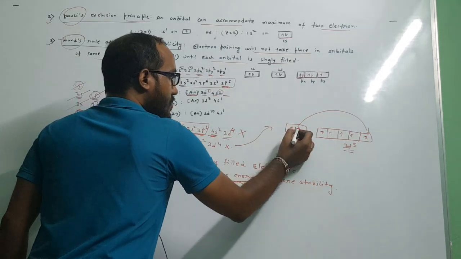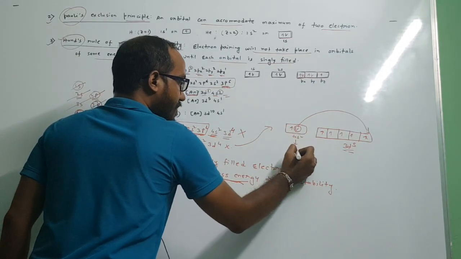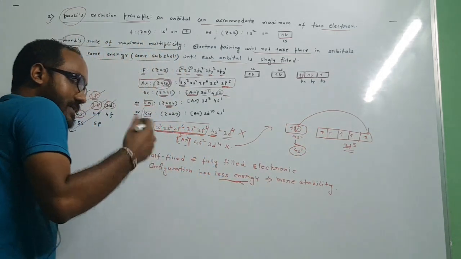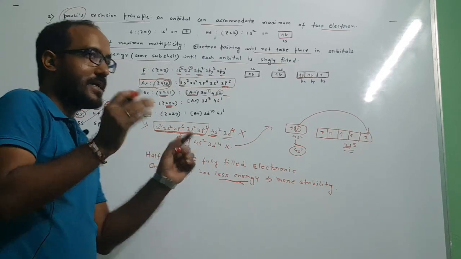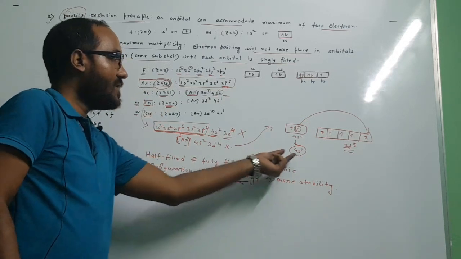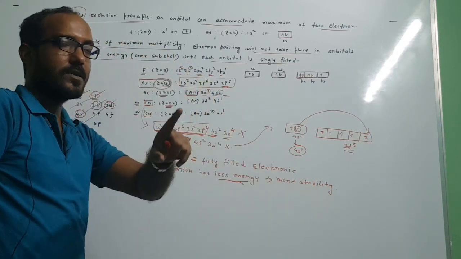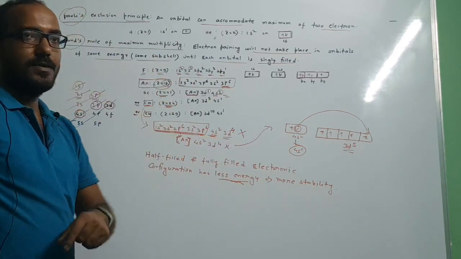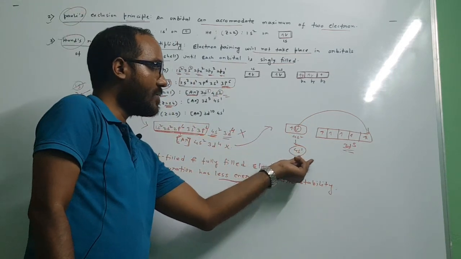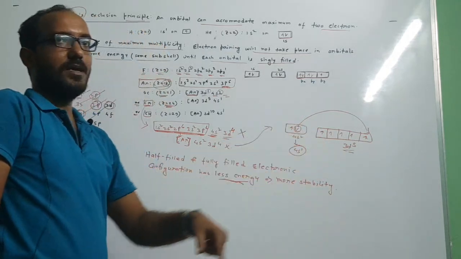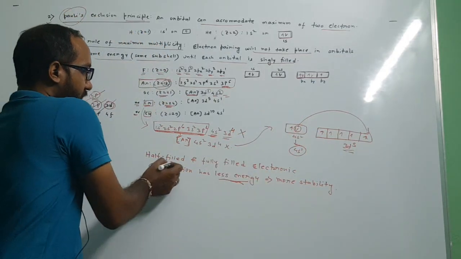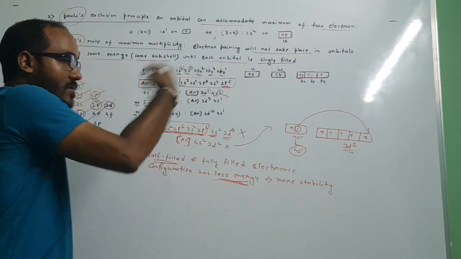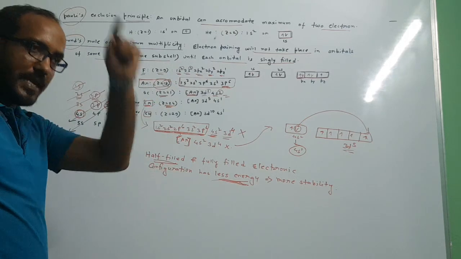If one electron goes there, then it will have 4s1. S orbital can have a maximum of 2 electrons. So if it has 4s1, that means 1 electron, then it will also be half filled. So in that case 4s1 and 3d5, both of them will be half filled. If they are half filled, that configuration will have less energy.